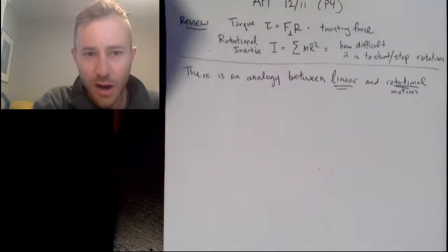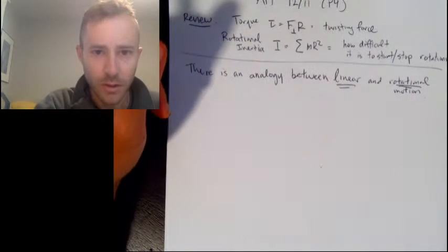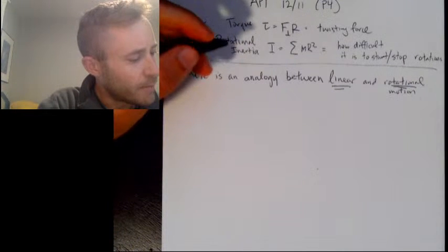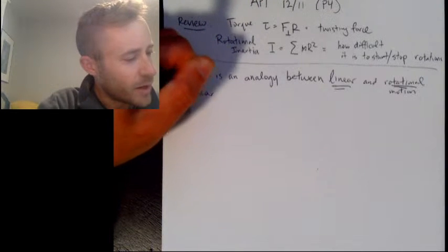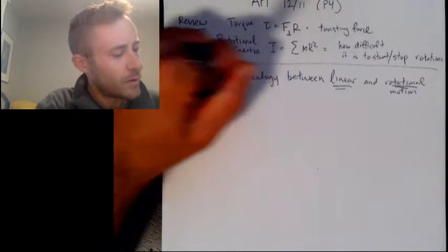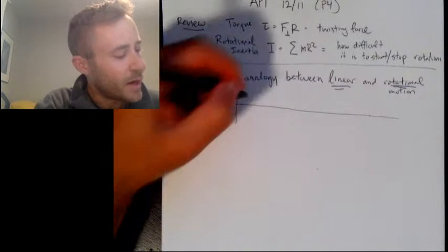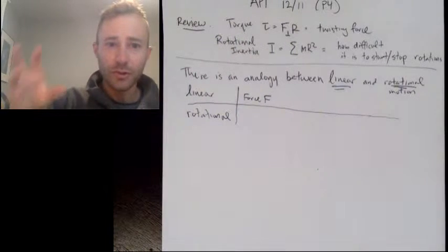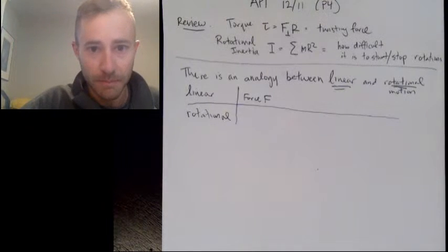Let's talk about that analogy a little bit, and we're going to fill out this analogy even more as part of this lesson today. So we have linear motion, and then we have rotational motion. In linear motion, we have a force, F, which is a push or a pull that makes something move linearly. It makes something go from point A to point B.